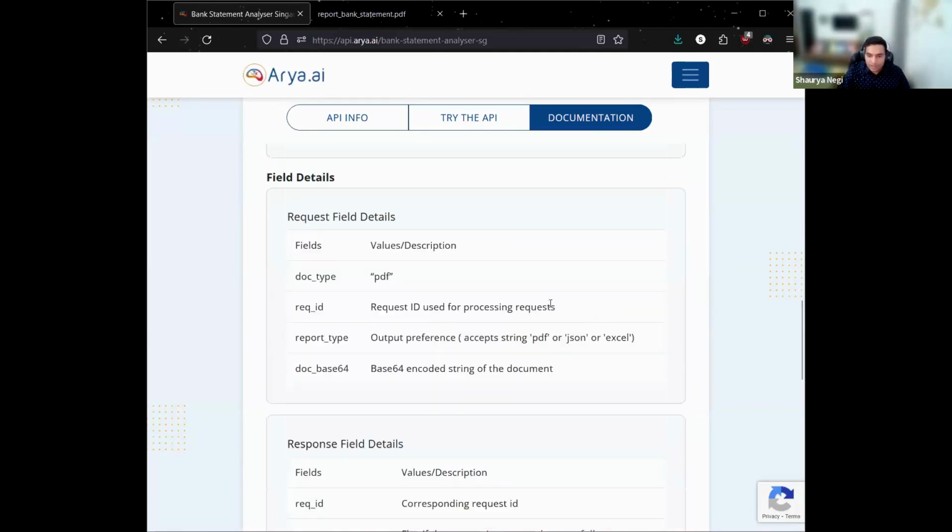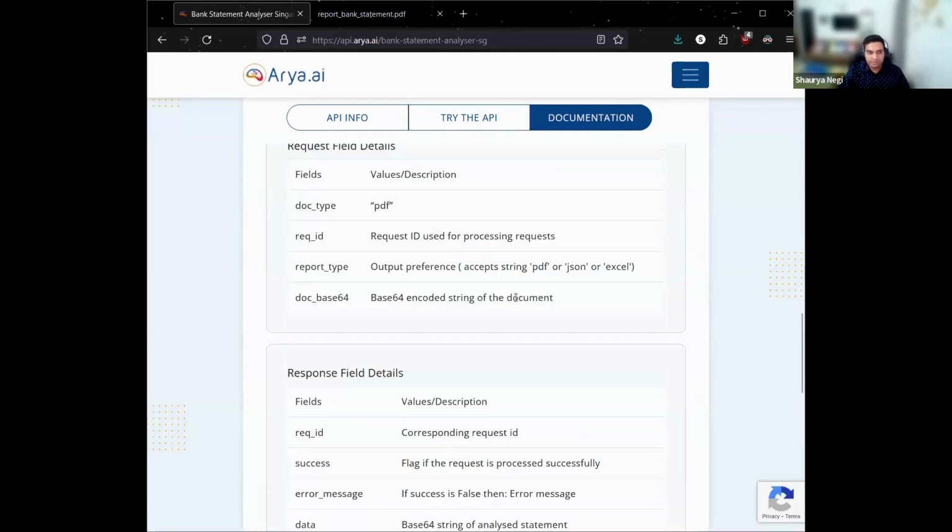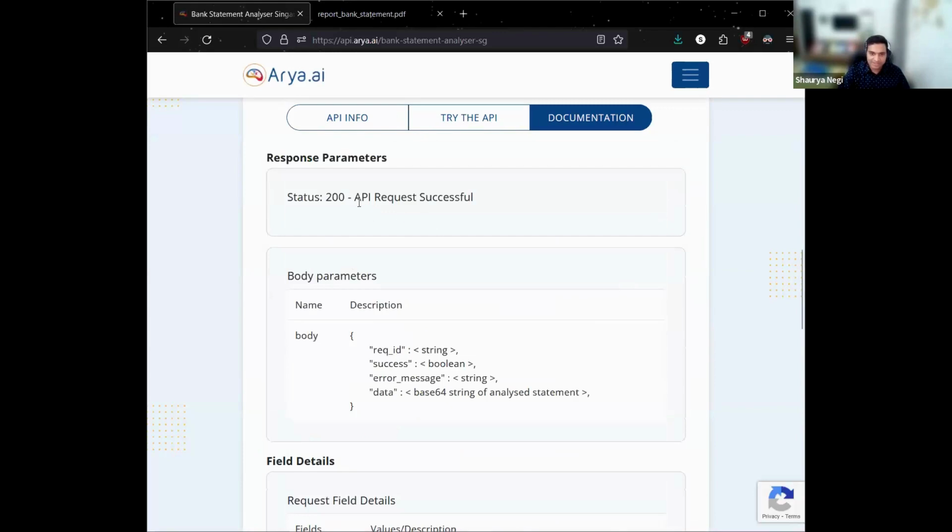After you implement this, you will get a successful status code of 200 stating API request successful, and then you will get the required JSON response. But if it fails for some reason, we'll also get an error message, which you can share with us, and we'll be glad to help you out.